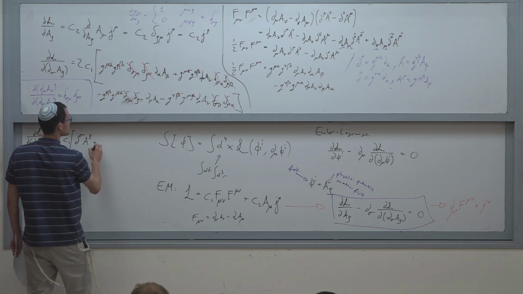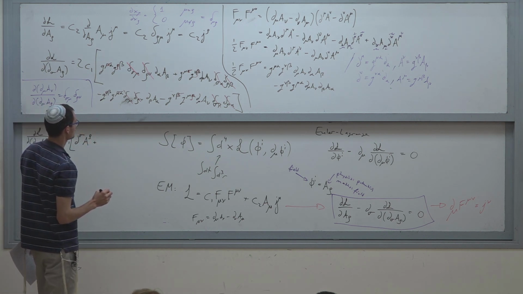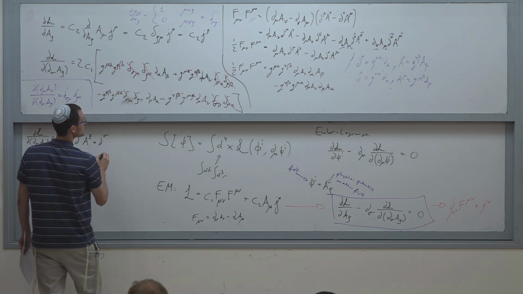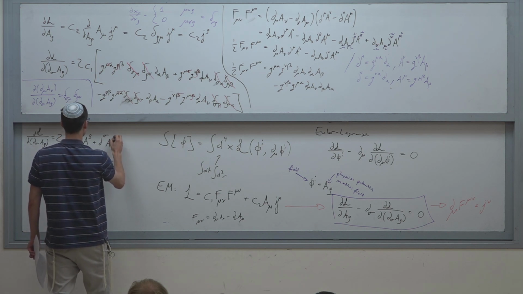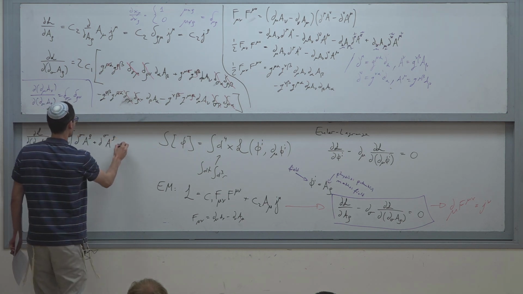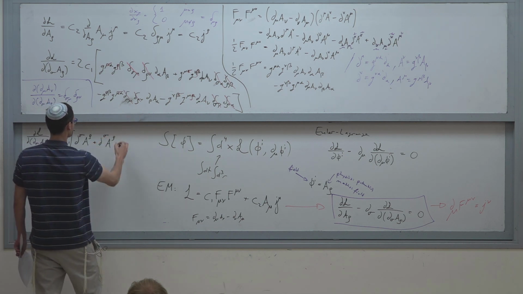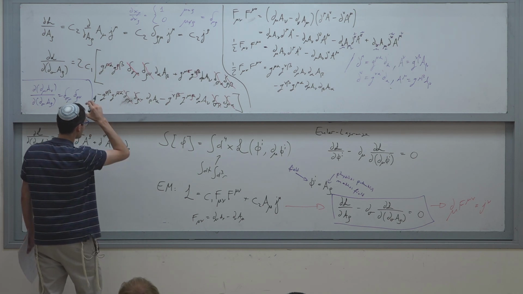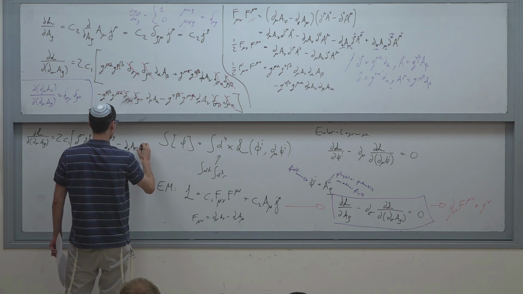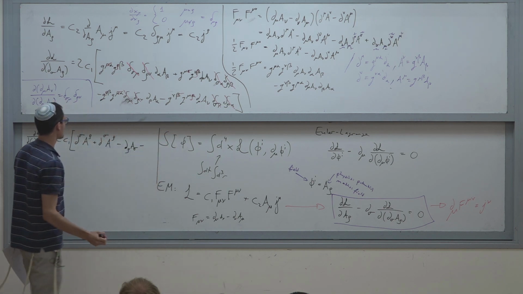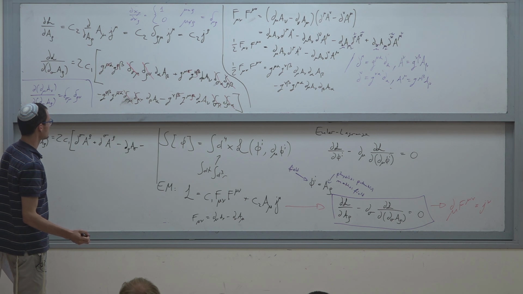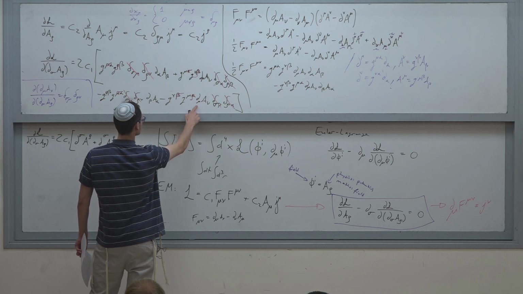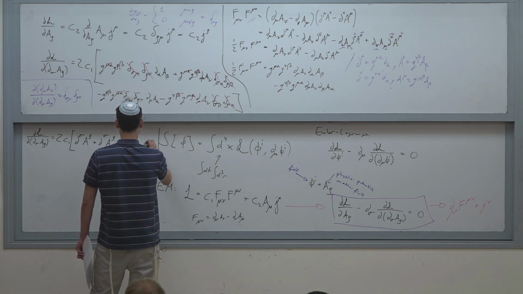And from the second term I get ∂^σ and A^ρ. Oh, that's interesting. And now I get minus lower index ∂^ρ and A^σ, and minus same thing again, right? With ∂^ρ A^σ.